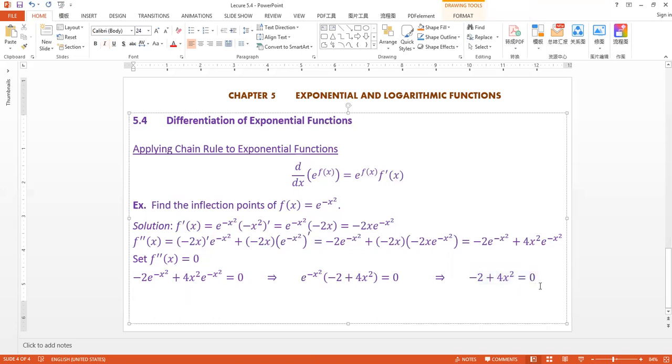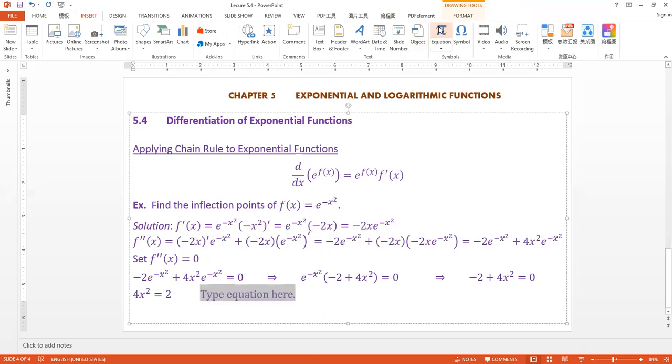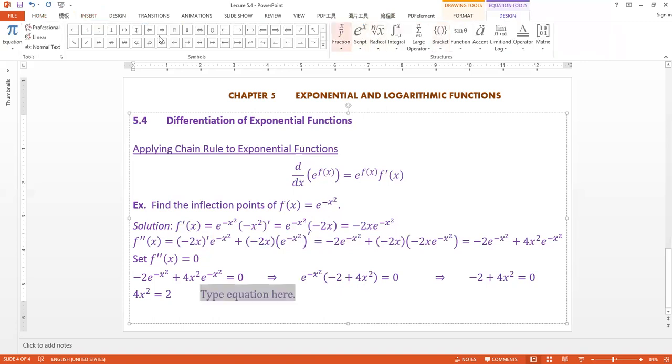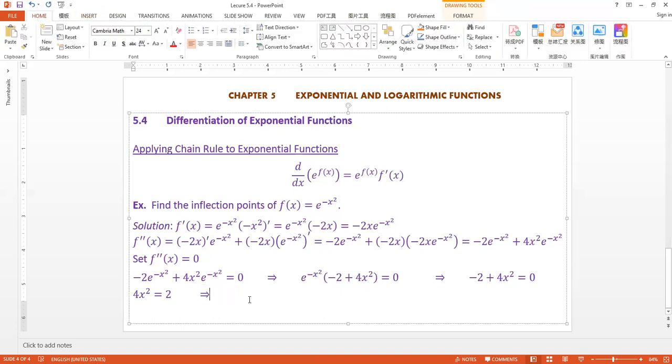And to solve that, we just move 2 to the right hand side. And then we're going to divide by 4 on both sides first, and afterwards we're going to take the root.